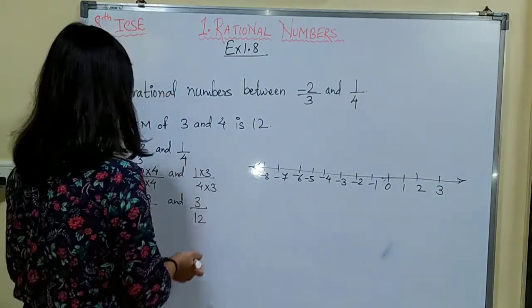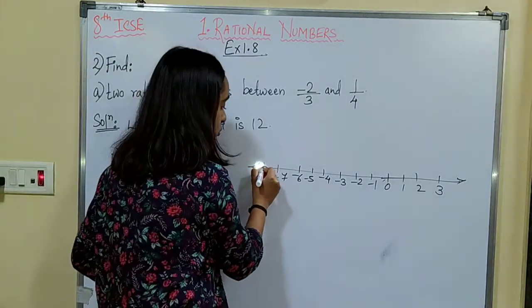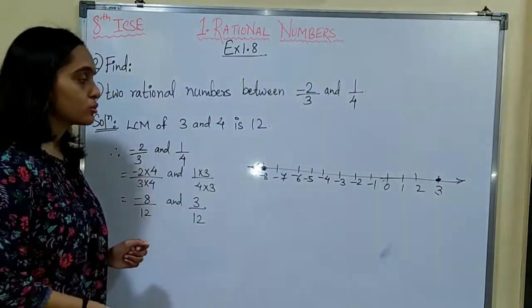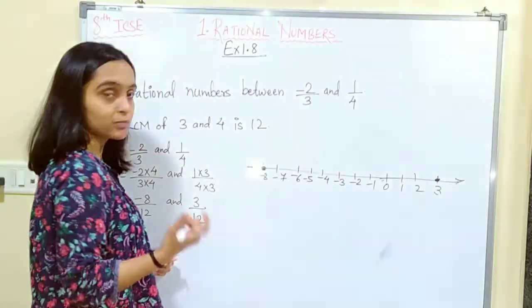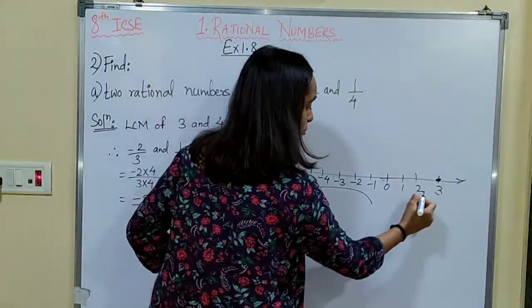So minus 8 upon 12 and 3 upon 12 are here, and between them we have this many numbers.